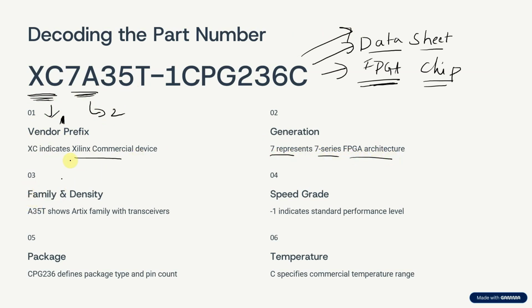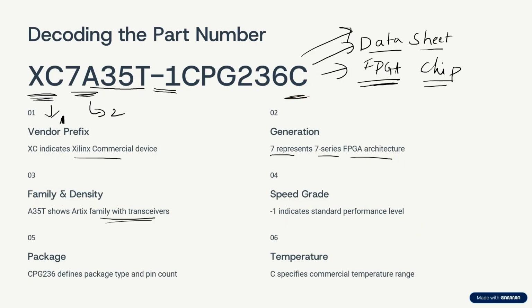The third one is family and density, A35T we are having, right? So basically, it will show you the Artix family with transceivers. And this -1 is nothing but the speed, the performance level. The fifth thing is the packaging level, followed by the temperature grade. So this is how we are going to divide a part number.